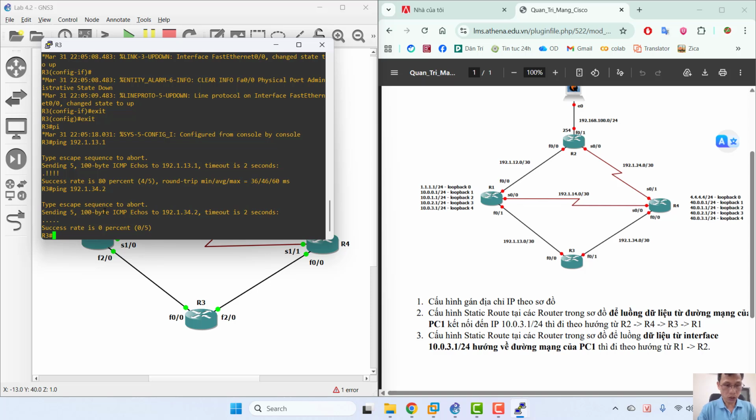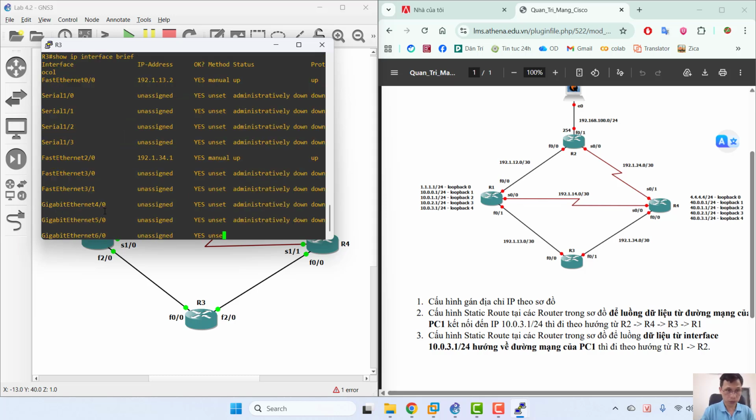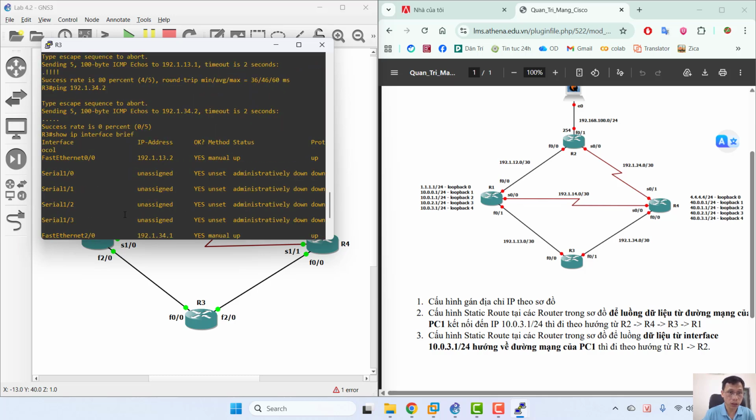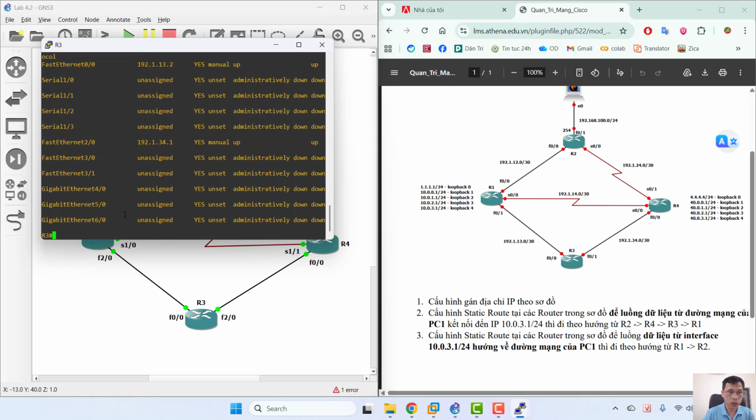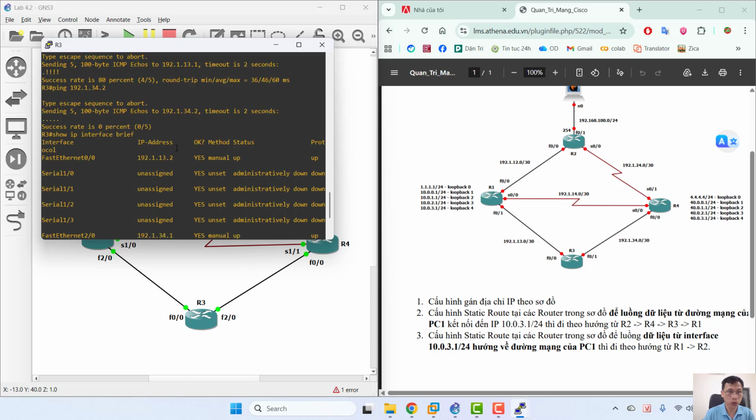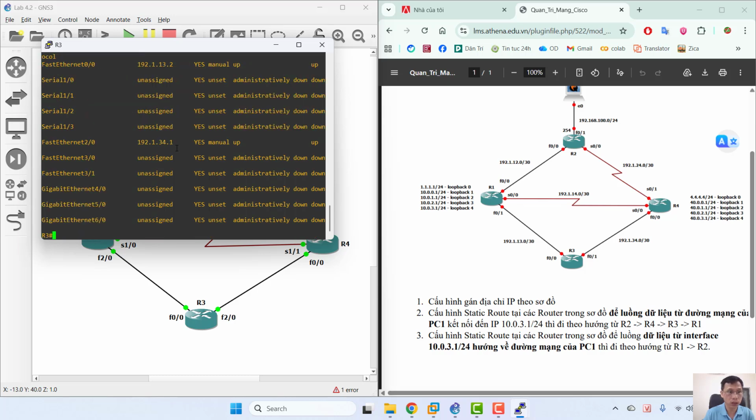Check show IP interface brief. Let me see. We have point two up. Yeah, okay.